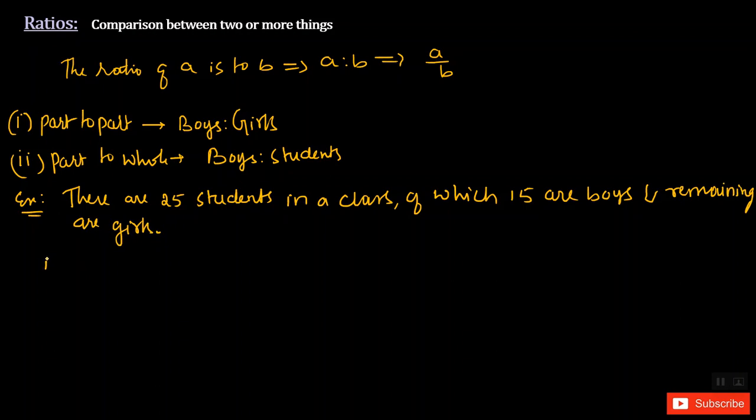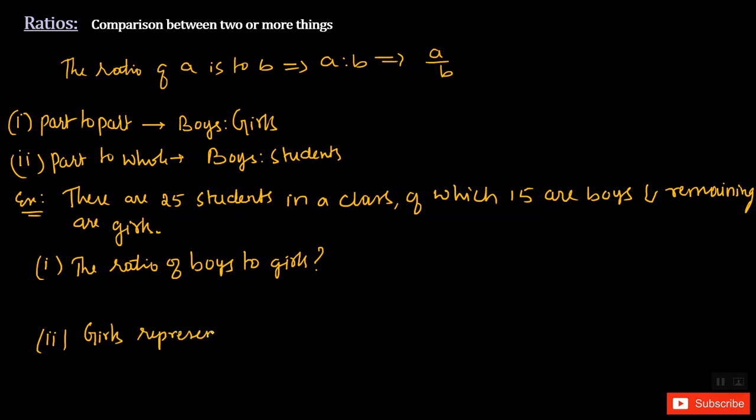Now the question is the ratio of boys to girls. How much? What is the ratio of boys to girls? The second question here, let me ask, girls represent what part of the class? What part or what fraction of the class? Girls represent what part of the class?